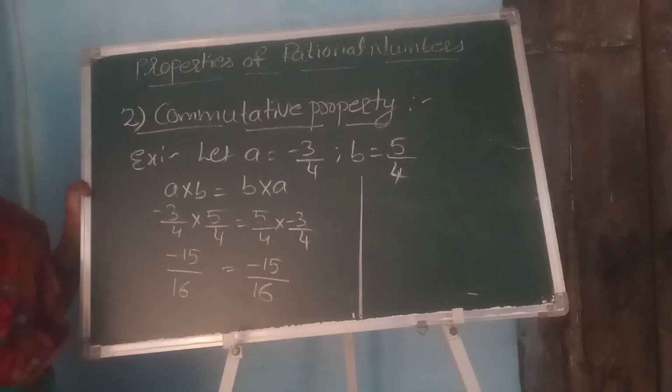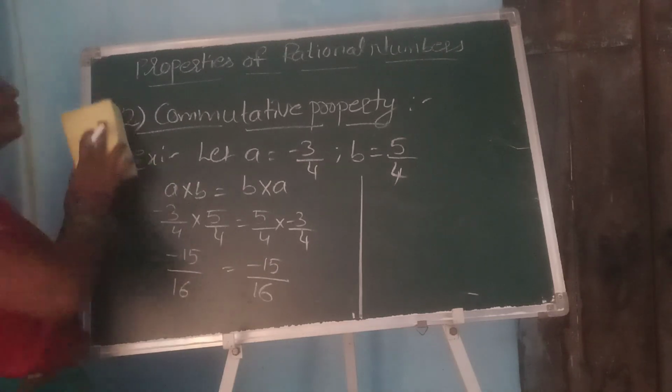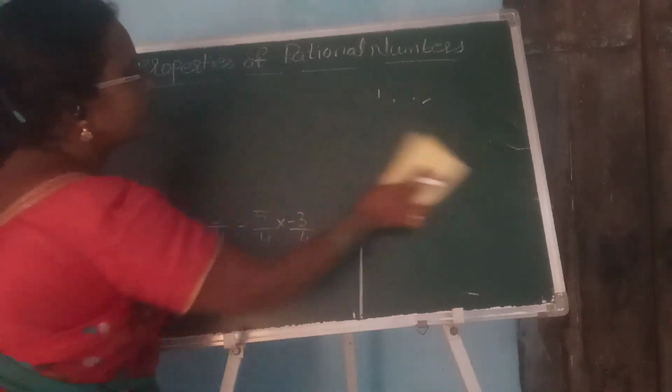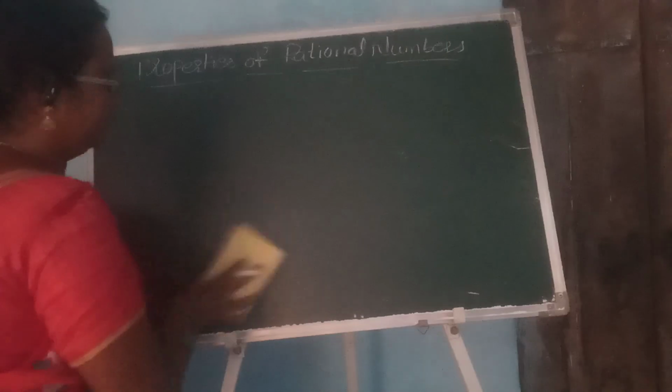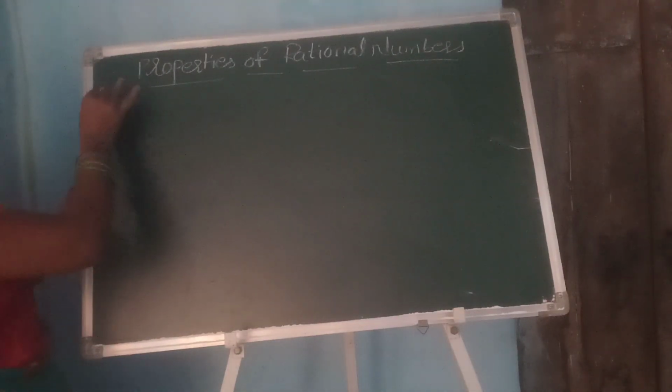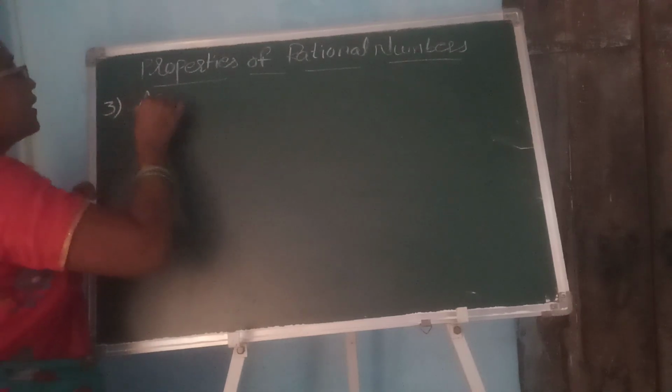So I think you understood both the properties here, the closure property and the commutative property under addition and multiplication. Now we are going to see the third property here. The third property is the associative property.